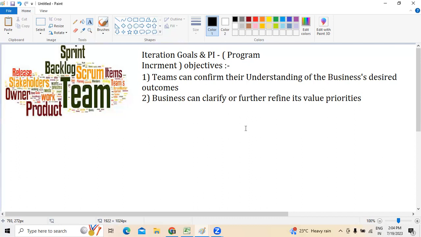Now, next we need to know who these iteration and PI objectives are for. To understand what the objectives are for, we must also consider who the objective is for, because normally teams don't write the iteration or PI objectives for the product managers or the product owners, basically the people who manage the backlogs.